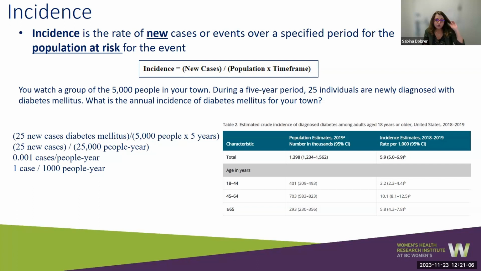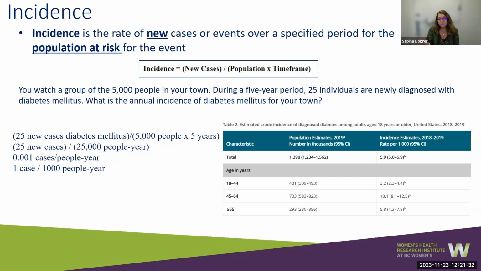So for example, I took here the table from a study that estimated crude incidence. Crude means not adjusted incidence of diagnosis of diabetes among the adult population in the United States between 2018 and 2019. So they're presenting here the 2 years.